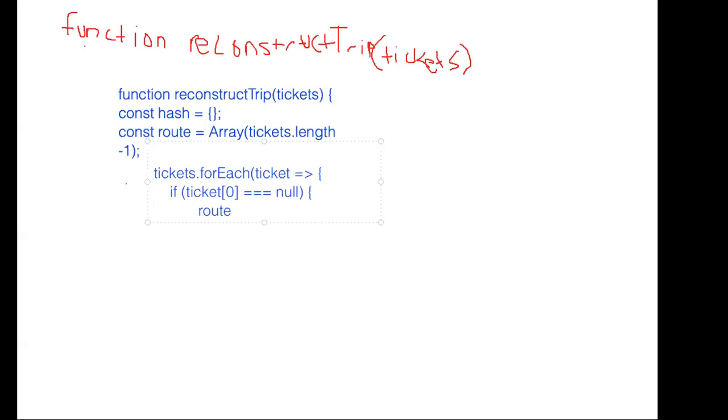Sorry, we'll route ticket 1, and we'll have our closing curly brace there. And then we will use our hash variable with ticket at index 0 equals ticket at the second index, and that will end that function.